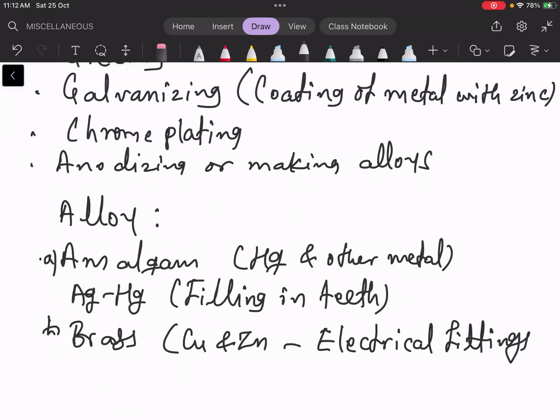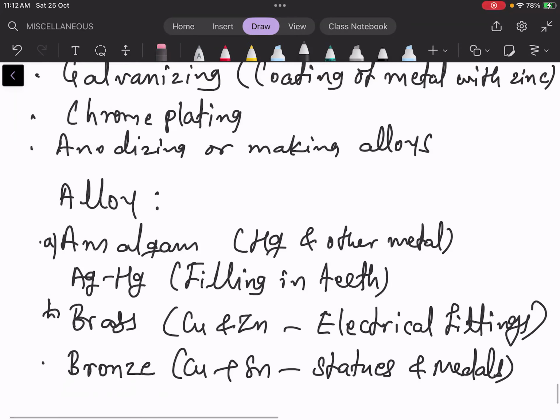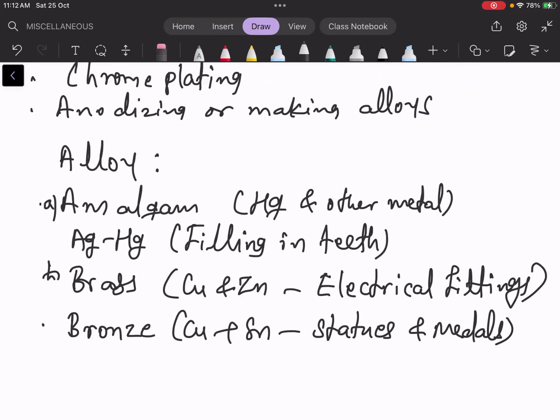Then next alloy is bronze. Bronze is an alloy of copper and tin, and this alloy is used for making statues and medals.